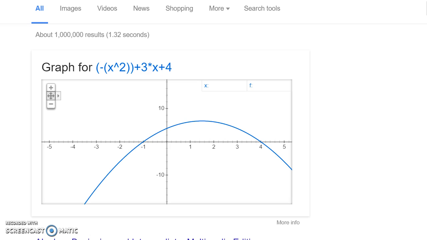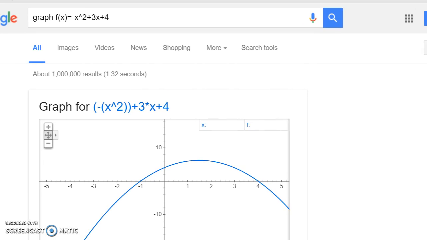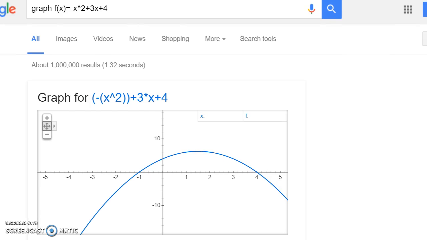So I want to show you on Google what I typed in. F of x equals minus x squared plus 3x plus 4. And we get this graph here. Let's take a look at that. We notice that it's a parabola, right? And we want to notice that there are two x-intercepts.